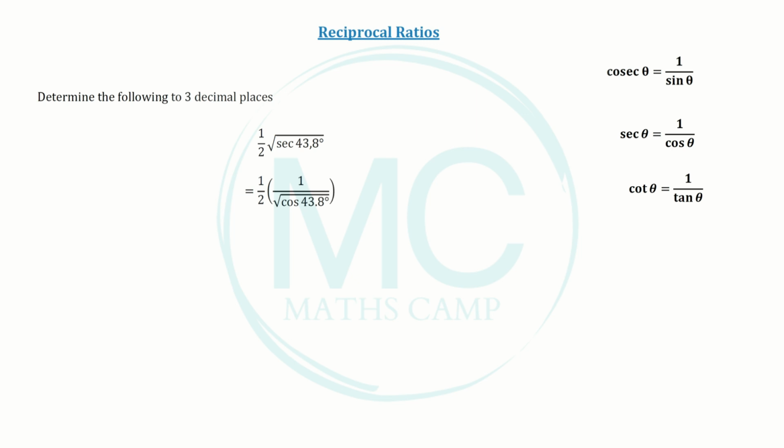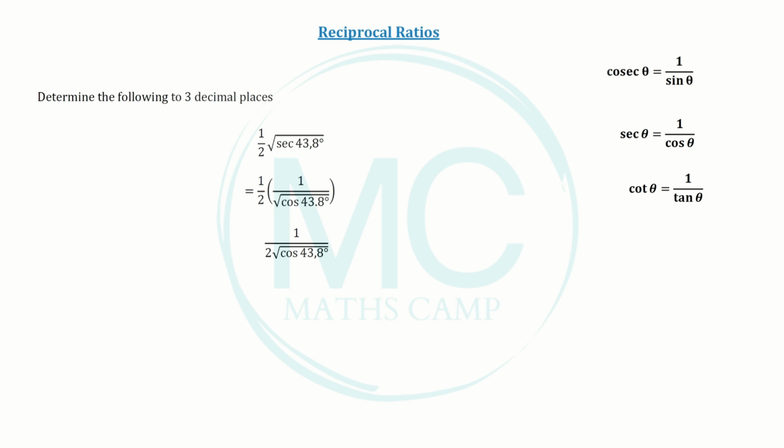And let's close our bracket. Now we have 1 over 2 multiplied by the bracket with a fraction. So let's start by multiplying 1 and 1, and we get 1. Then we can multiply 2 by cos 43,8 degrees under a root. And we get 2 root cos 43,8 degrees.